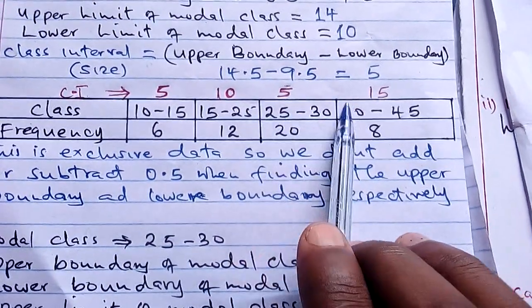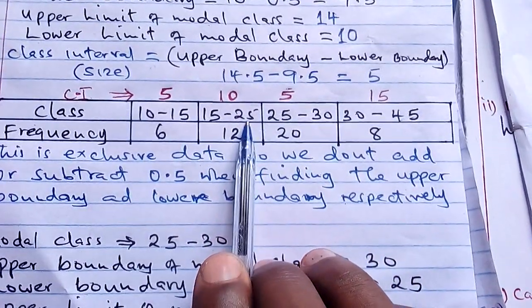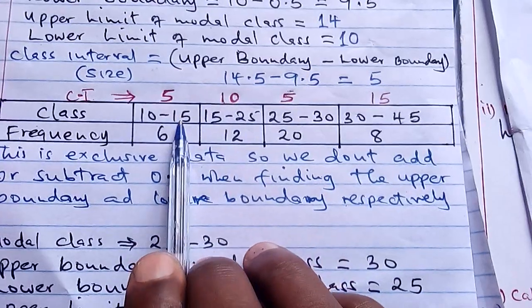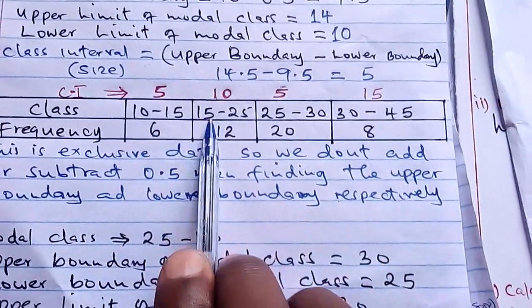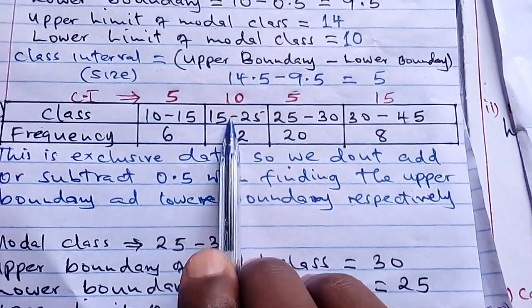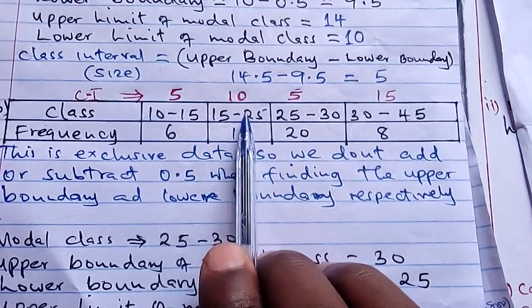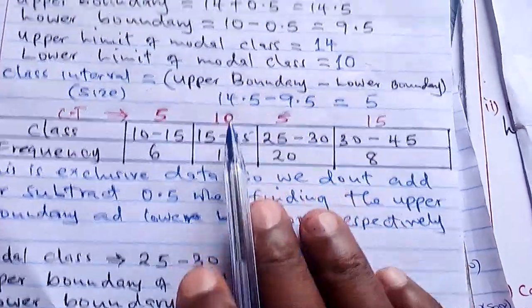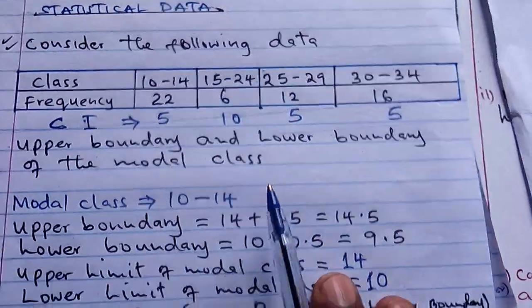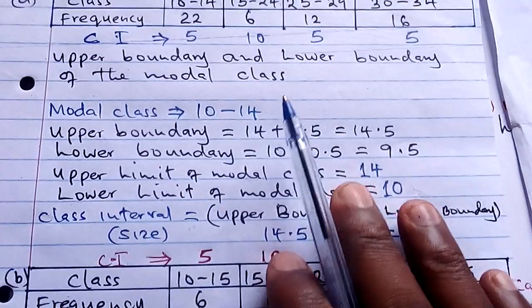So as you can see, if you end with the 25 here, the next table we are beginning with 25. If you end with 15, the next table you are beginning with 15. So this data here is called exclusive form of data, while this one is inclusive form of data. I hope you can see the difference between the two.